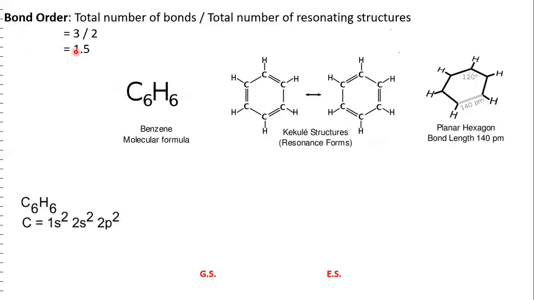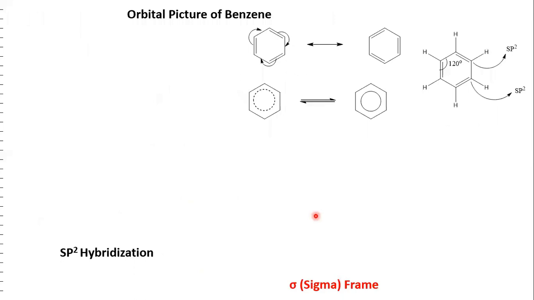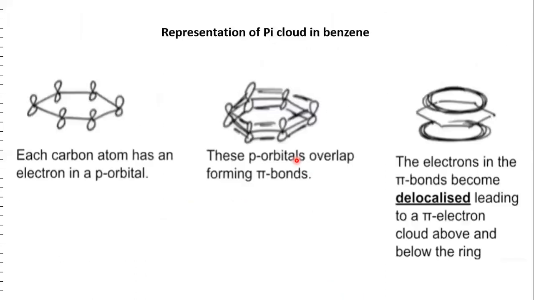What do you mean by bond order? Now the value we are getting is 1.5. It means, whenever you draw the structure of benzene, you draw this dotted line. Or we will move on to our previous slide.